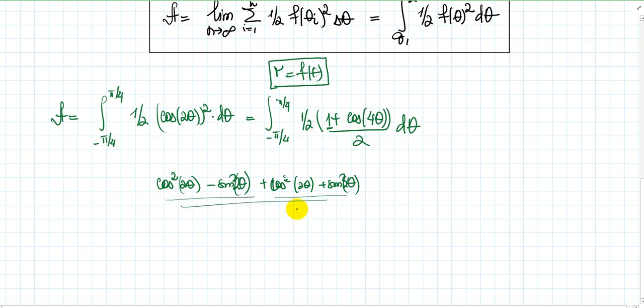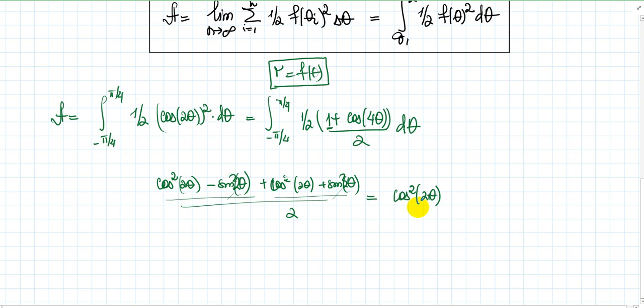If you add these and divide by 2, you can cancel the sine terms and you're going to have cosine square of 2 theta. So we can write cosine square of 2 theta as 1 plus cosine of 4 theta over 2.